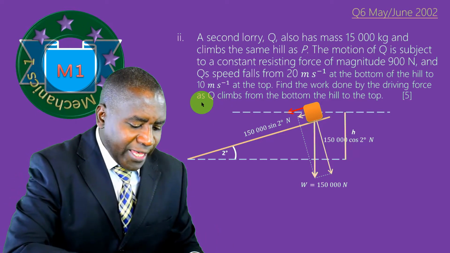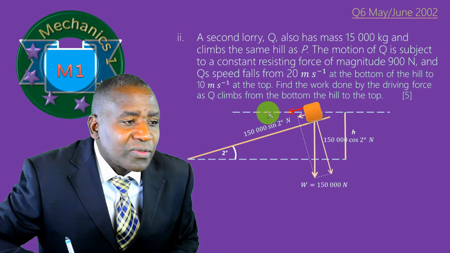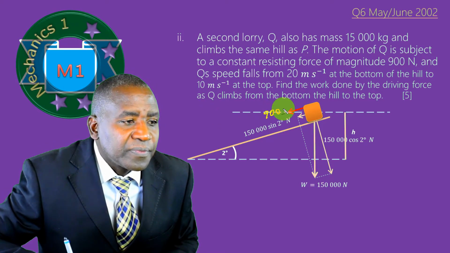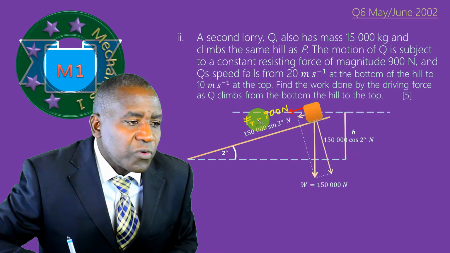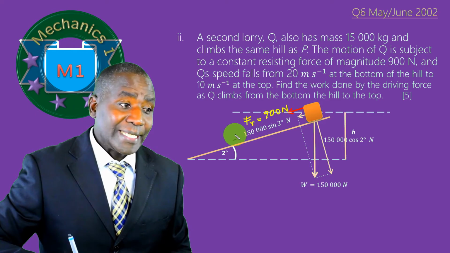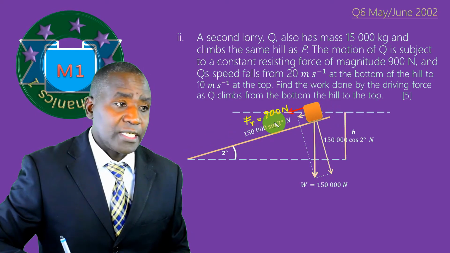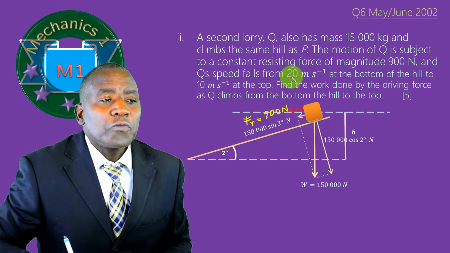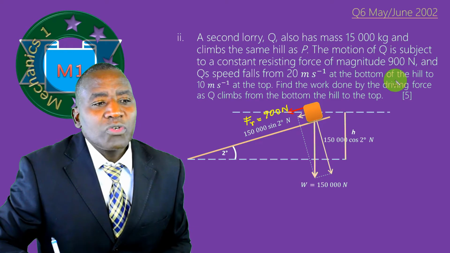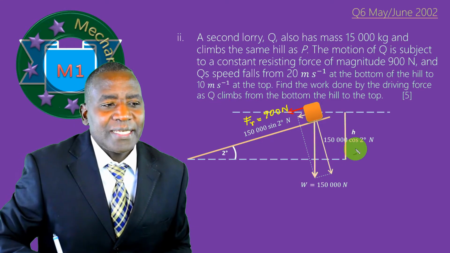So this force over here is 900 newtons. You can say it is the resistance force, 900 newtons. So we can calculate the work done against the resistance. And Q's speed falls from 20 at the bottom of the hill to 10 at the top of the hill. So there is some change in kinetic energy.